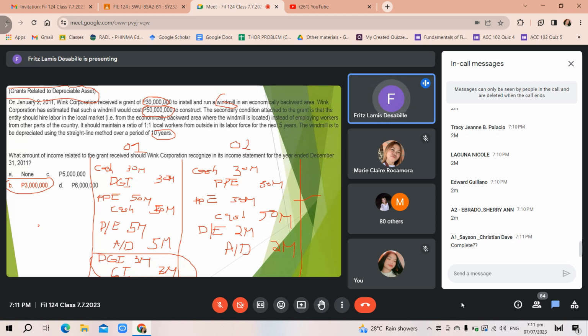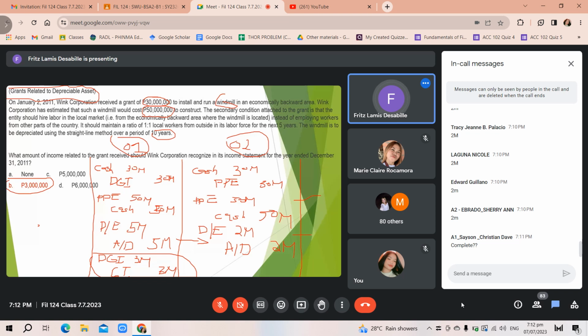Even though we did not recognize deferred grant income, the effect in our financial statements would be the same under option 1 and option 2. Because in option 2, compared to option 1, naay savings or reduced depreciation.